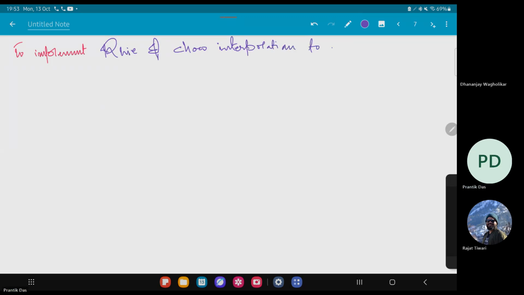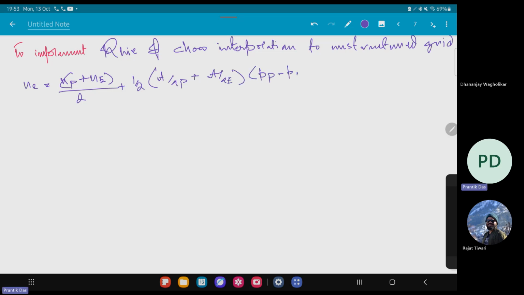So, Ue equals to UP plus UE divided by 2 plus half of delta V by AP plus delta V by AE, PP minus PE, minus 1/4 of delta V by AP, PW minus PE, minus 1/4 of delta V by AE, PP minus PE.